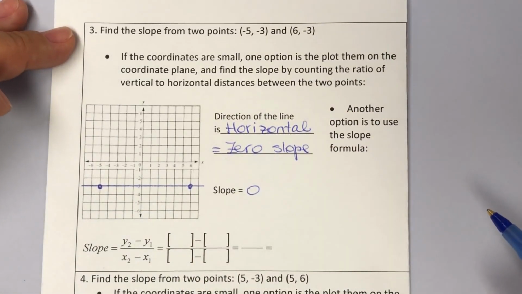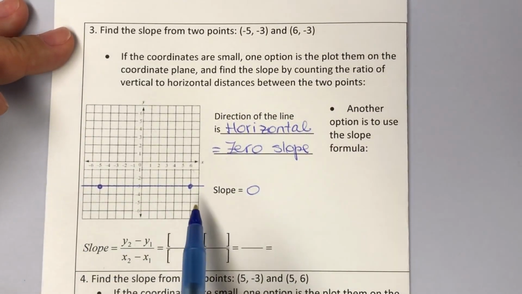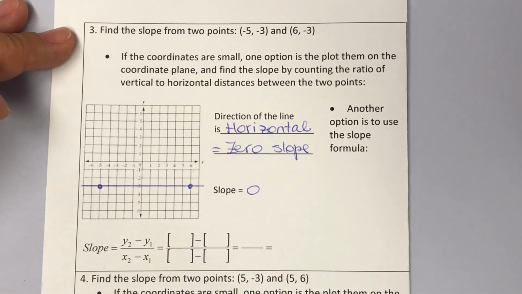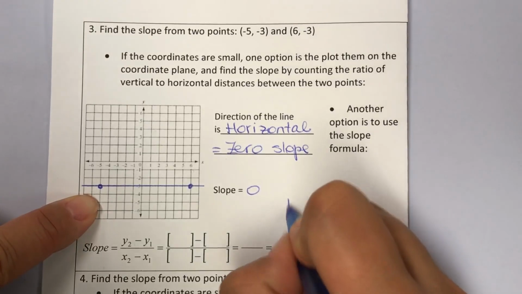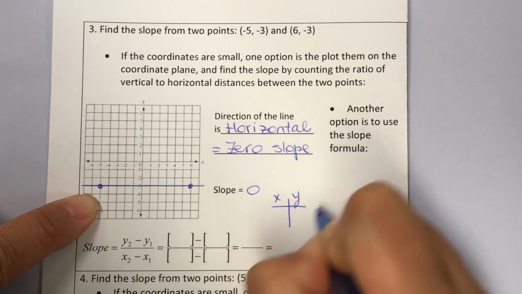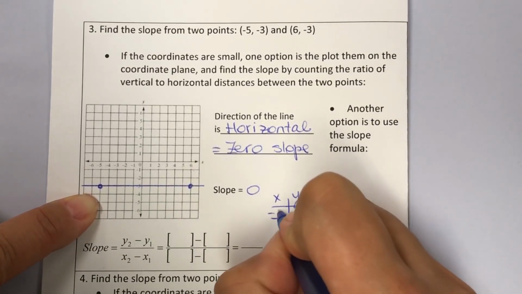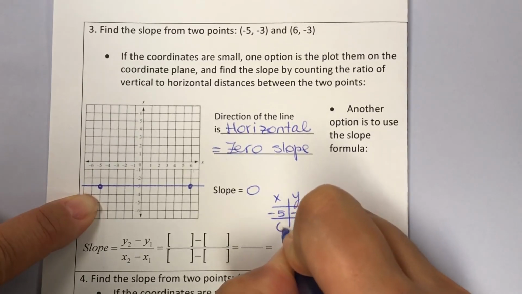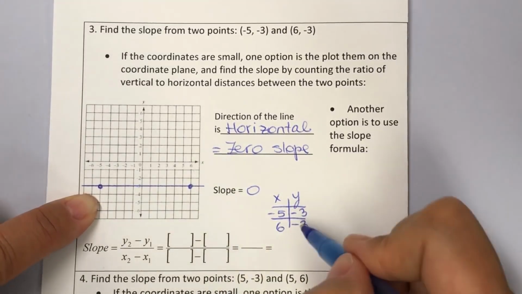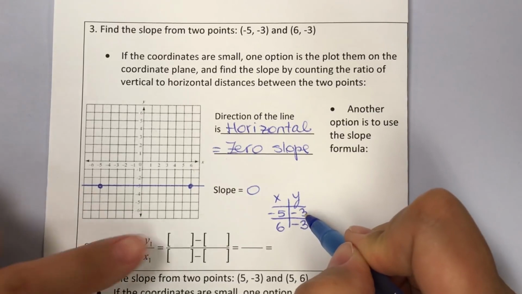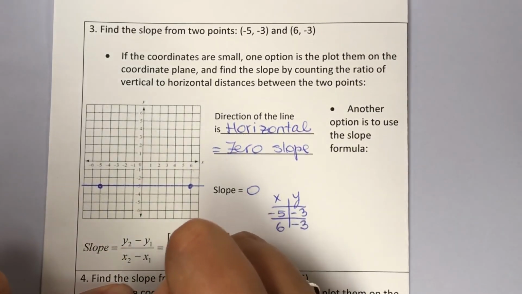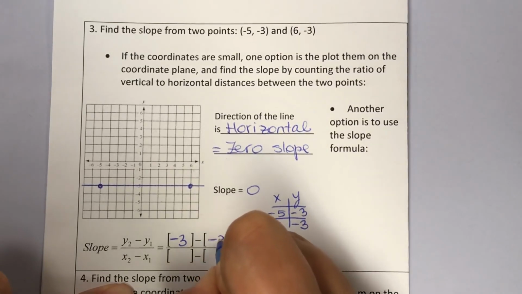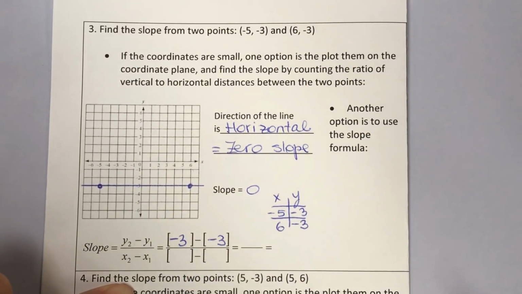Another option is to use the slope formula. So the visual way, horizontal line slope is 0. And then if I use those same points and plug them in the formula, so my points were -5, -3, and 6, -3. The y-coordinates will be subtracted on the numerator. So the y-coordinates on the numerator, we have -3 minus -3. So subtracting a -3.